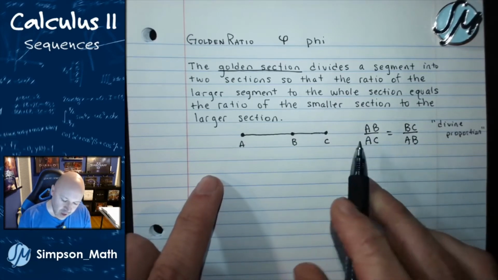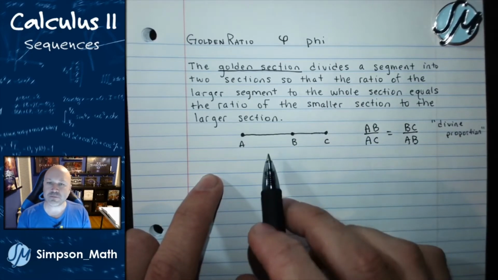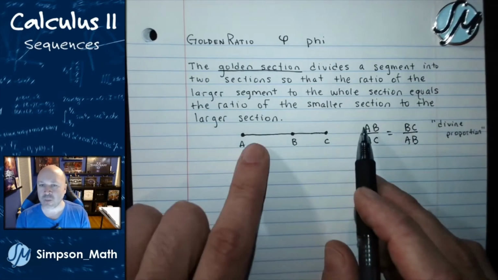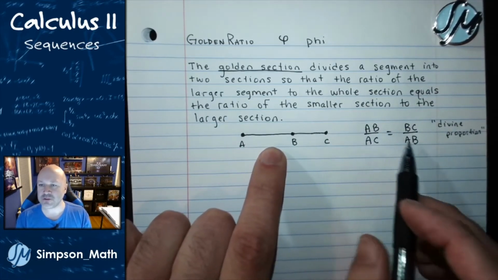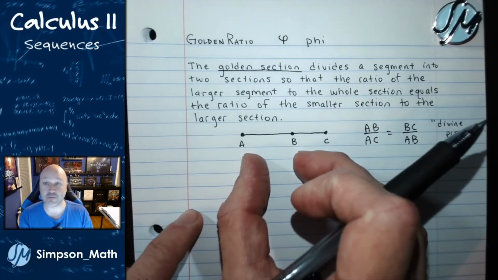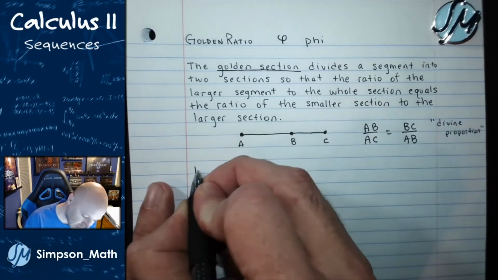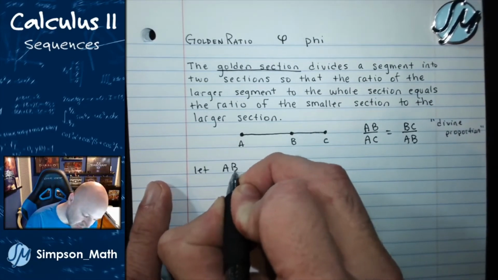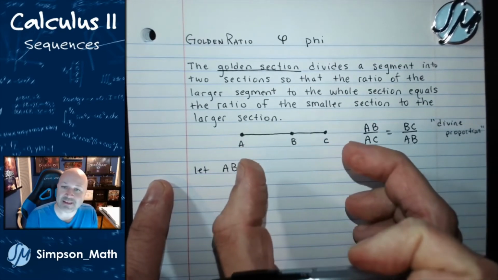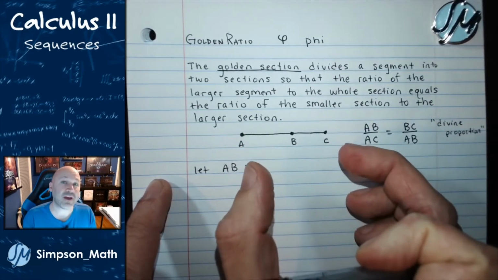Okay. To come up with it, I'm going to put some values in here, and I can do this several ways. Because the AB is used twice, I think it'll be more convenient for me to let AB equal some pretty number like 1. I'm going to let AB equal 1, and then the entire thing, AC, that's kind of what I'm going after.